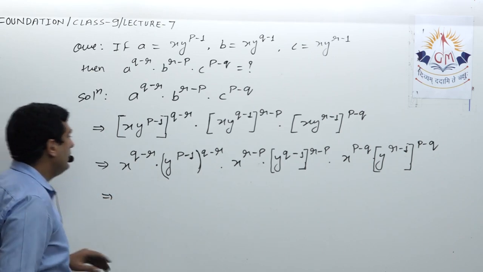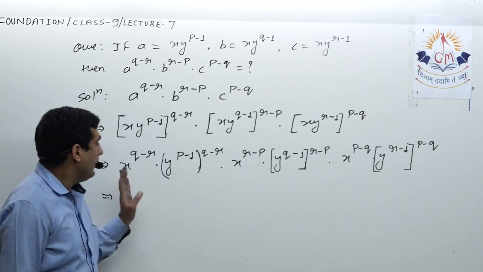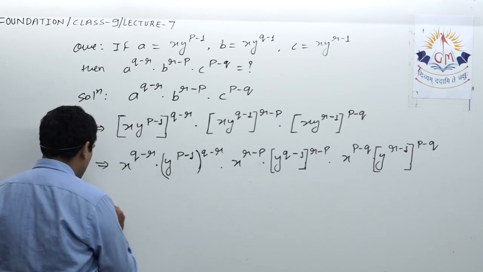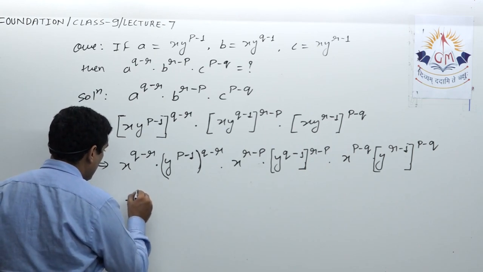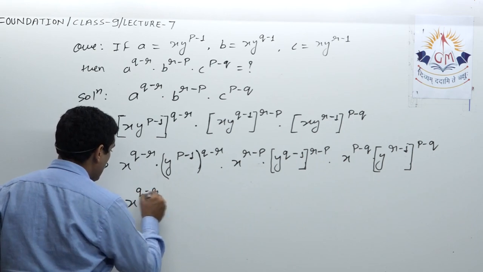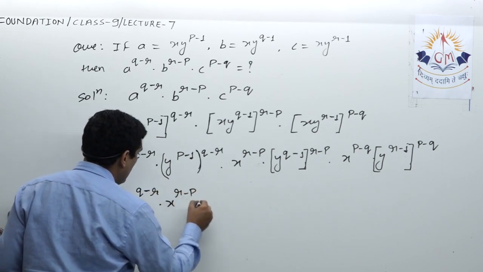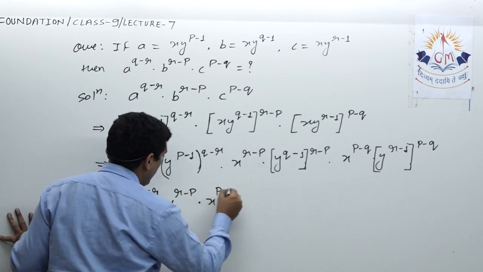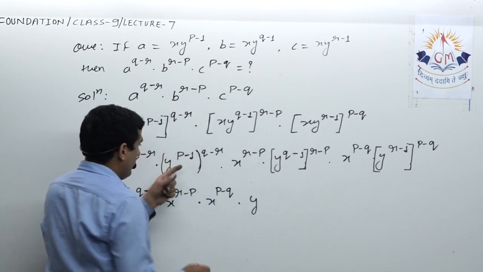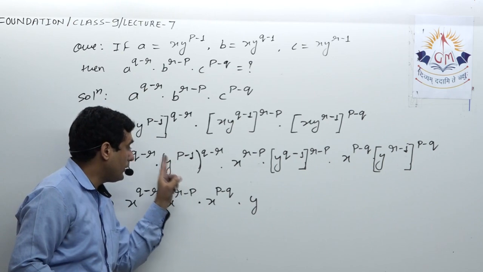Now over here one thing I can do, I can take the terms of x all together and terms of y all together. So x raised to q minus r into x raised to r minus p into x raised to p minus q. Now if I talk about terms of y, here I also apply the power law.